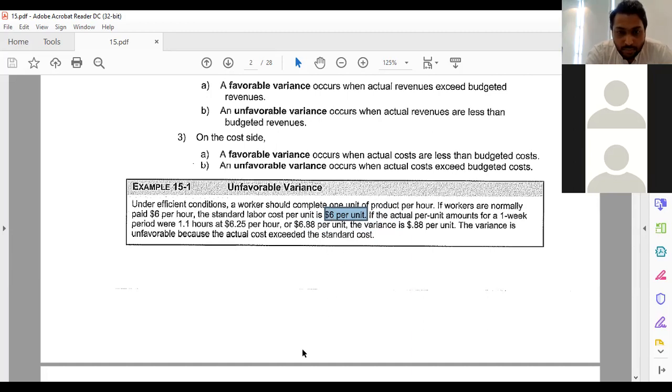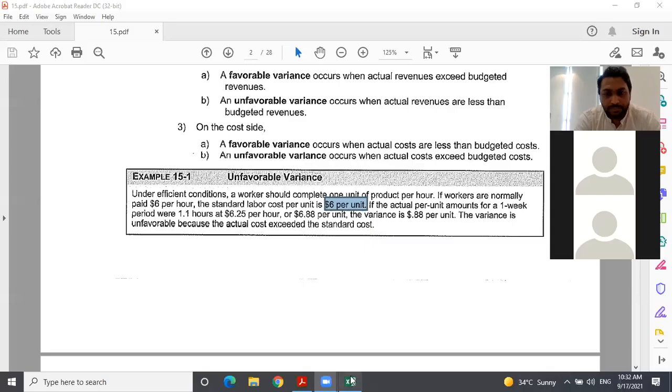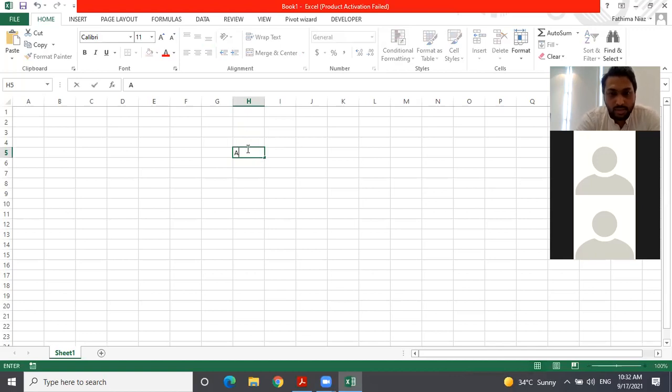See, actual quantity into actual price, and standard quantity into standard price.